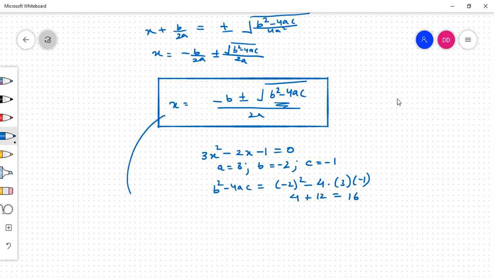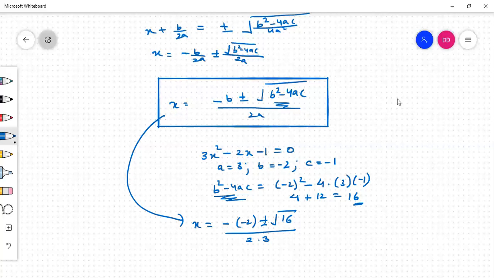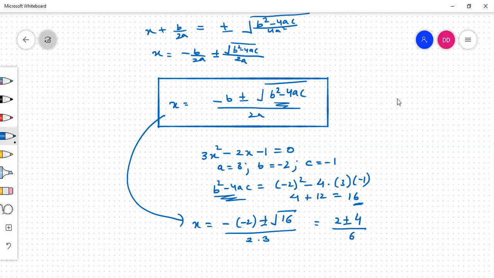So putting the values in this formula, x equals minus of minus 2 plus minus root value of b squared minus 4ac, which is now 16. So put in 16 and twice of 3, where a is 3. So this becomes 2 plus minus 4 over 2 times 3, that is 6.